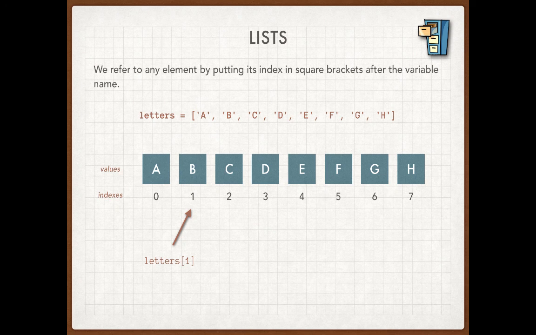So what I'm referring to here is the whole filing cabinet called letters, but I want to look in the 1th drawer and extract that value. And that's what I'm getting when I refer to letters 1.